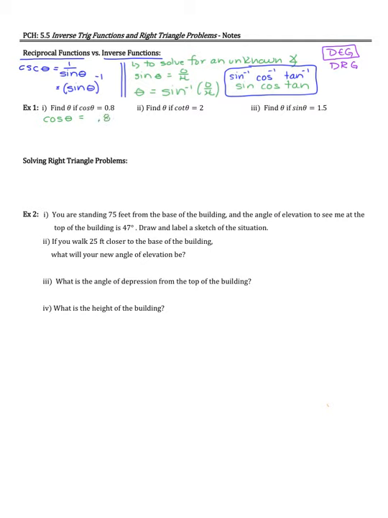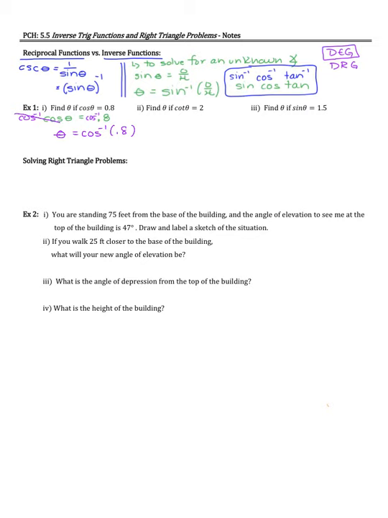What we're going to do is take the inverse cosine of both sides. So the inverse and cosine are reciprocal functions, kind of like x squared and the square root of x. These cancel each other out, leaving me with just theta equals the inverse cosine of 0.8.